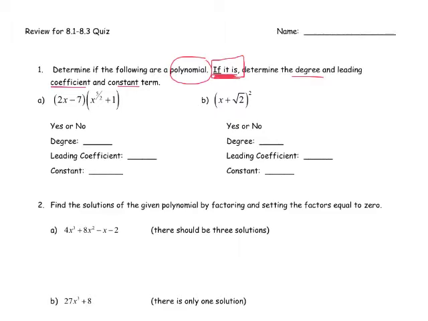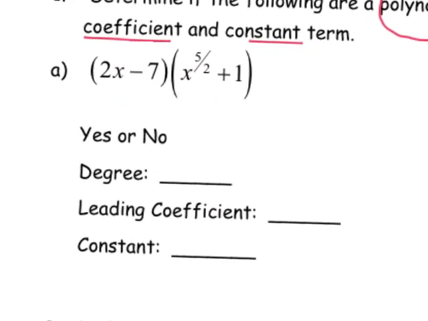So on question A, if you look at this and you're thinking, well, I don't really know what to do here because this is not multiplied out, you could go ahead and FOIL, and you would get 2x times x to the 5 halves.